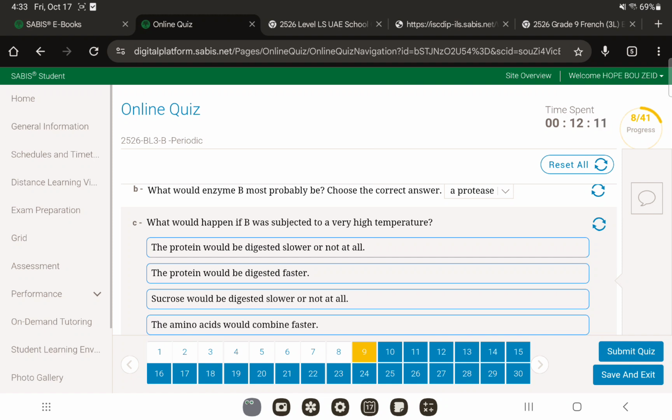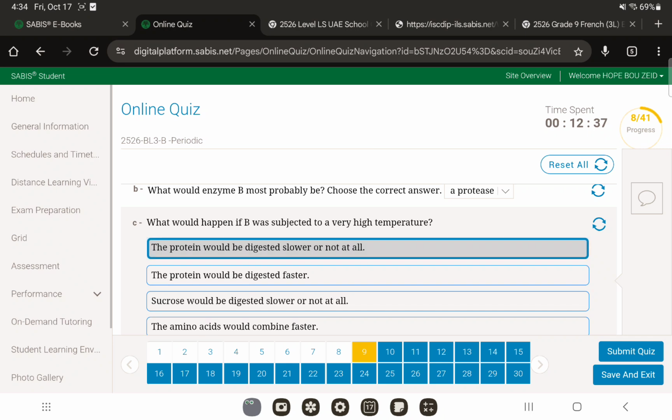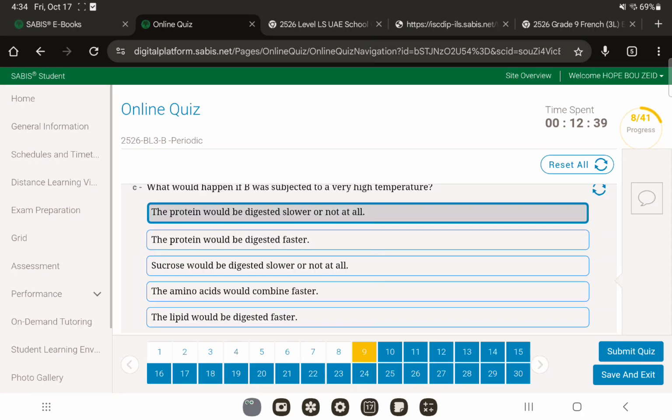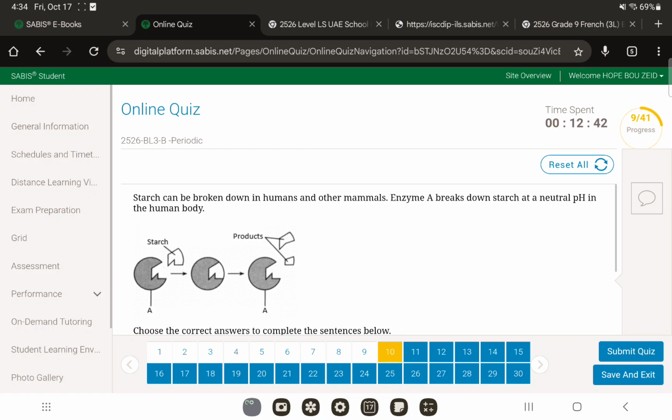When it becomes denatured, it loses its bonds or cross linkages, which will cause it to lose its shape, which will cause it to lose its function, meaning that it won't work anymore and won't be able to work again. It will be permanently denatured. So, if it's a very high temperature, the protein would be digested slower or not at all. Next question.